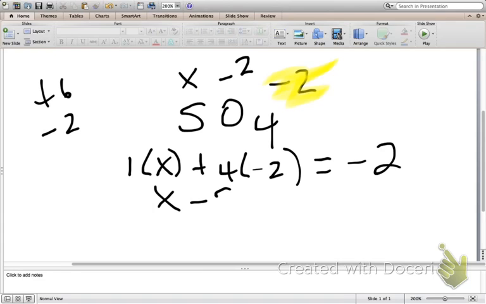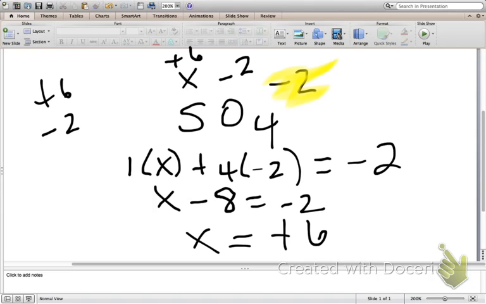X minus 8 equals -2, X equals +6. So in this case, sulfur is +6. And the way we report that, I didn't do it for the last one, but we would just say sulfur is +6 and oxygen is -2. Nothing real fancy there.